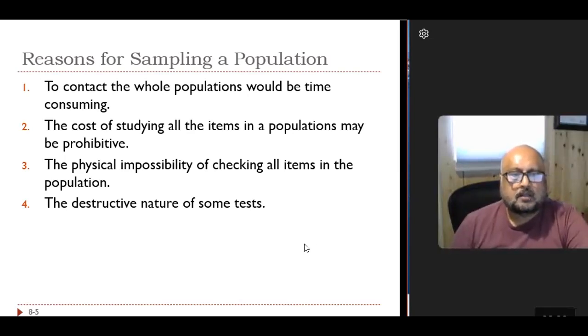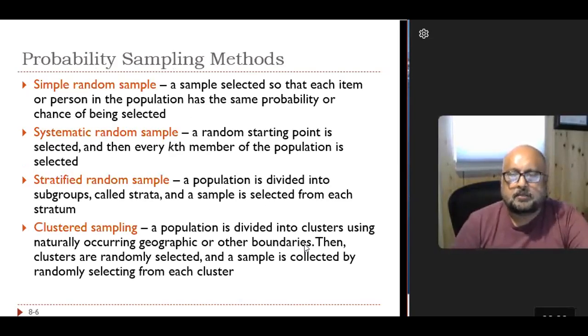Let's look at various sampling methods. Simple random sampling. In this, each population member has an equal opportunity or equal chance of selection. Then we have a systematic method.